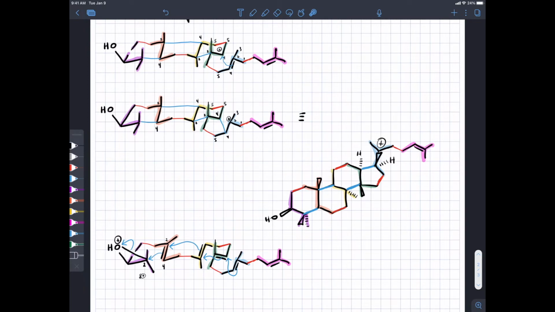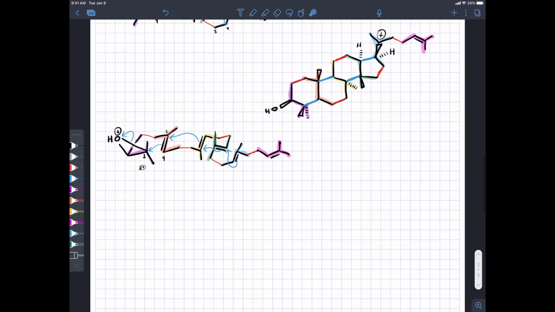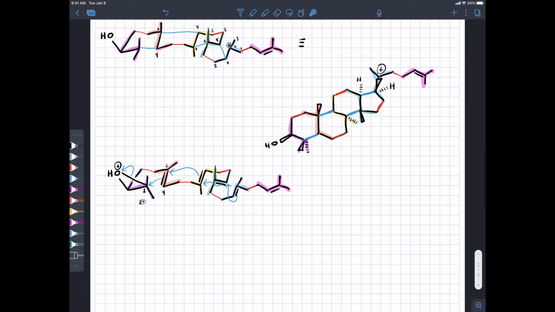Okay, well, just when you thought things couldn't get worse, they're going to, because what happens next is a bunch of carbocation rearrangements, which I know you hate.